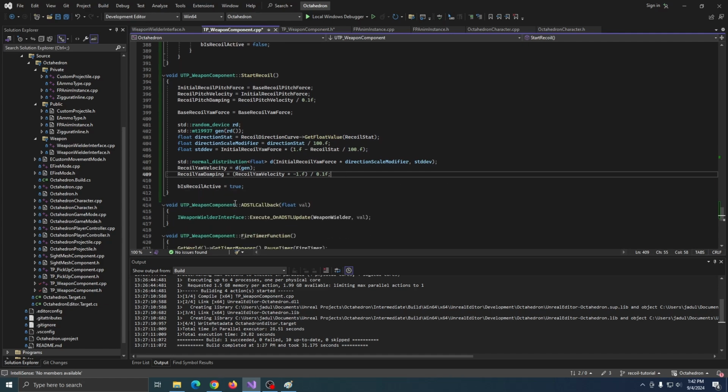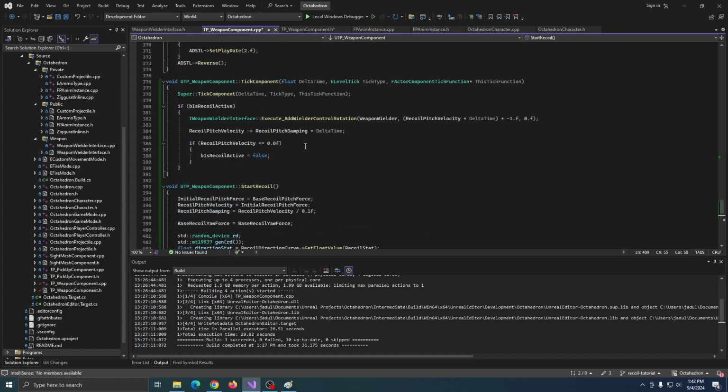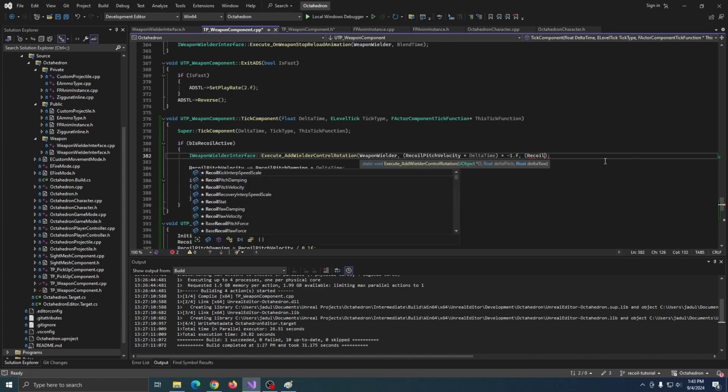And okay, we also want to edit the tick function. So in tick component, we also want to add something, and obviously we want to edit this. Instead of 0, we want to apply the yaw value, and this is just going to be recoil yaw velocity times delta time.